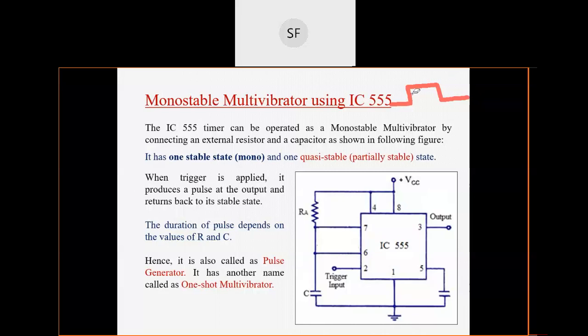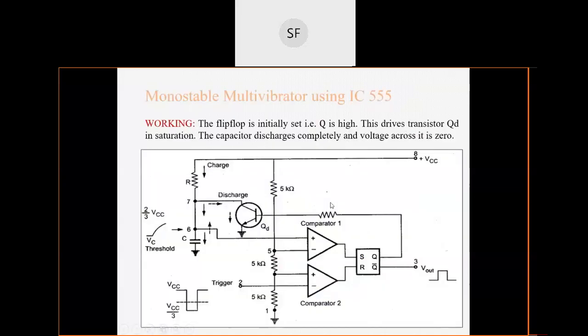All right. So now we will see how it is happening, how you are getting this pulse at the output. This is a very important topic once again. And in order to understand this topic, monostable or astable multivibrator, you will always need the block diagram of IC 555. So again, what is the change between this diagram and this diagram?